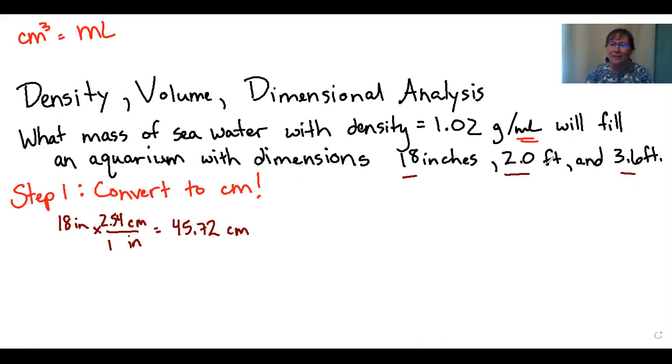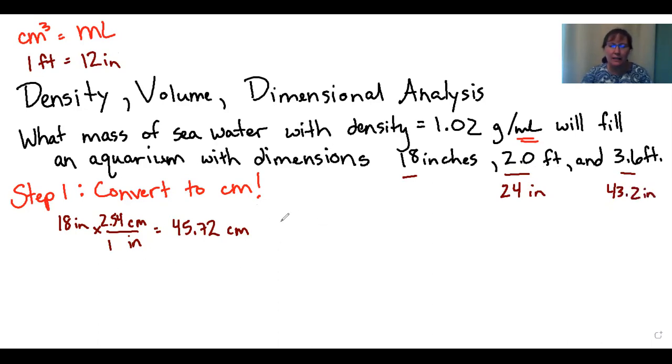Now the next one I have here is 2 feet. Let's remember that 1 foot is equal to 12 inches, so hopefully I don't need to show that. You know that 2 feet is the same as 24 inches, and that 3.6 feet is 43.2 inches.